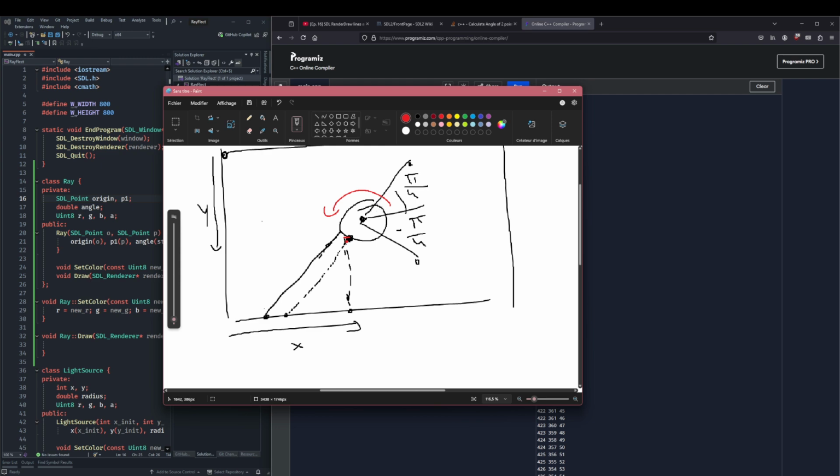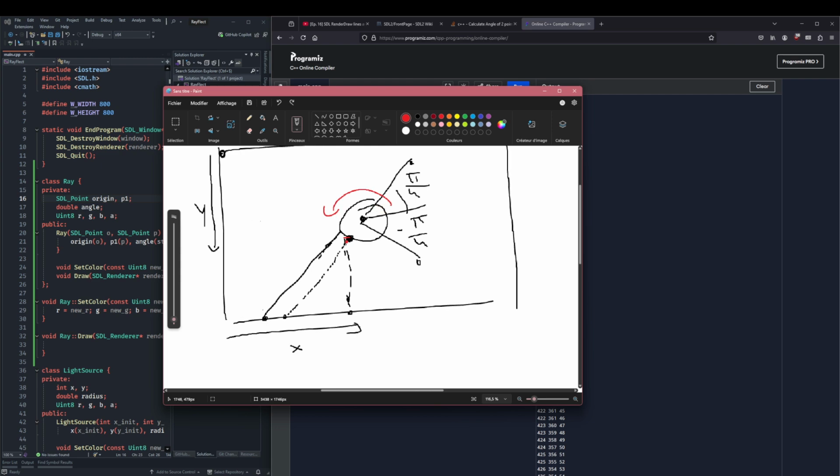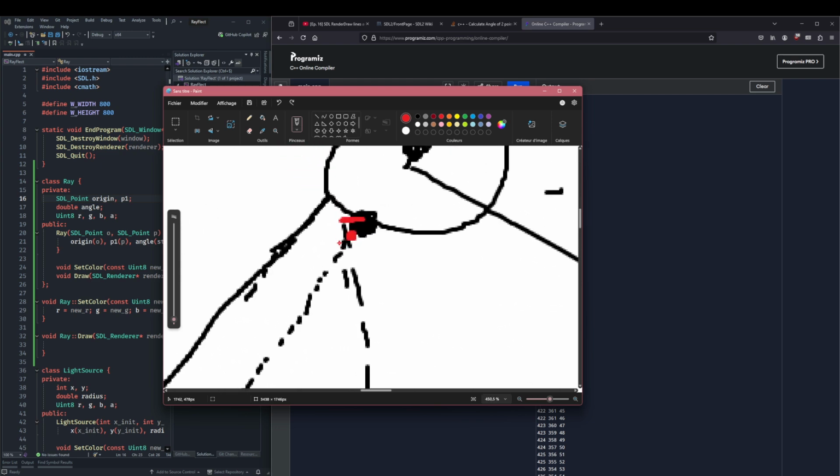In our case, since the angle is here, cosine is going to be negative. It's going to be something like square root of 2 over 2, which is about 0.7, something like that.